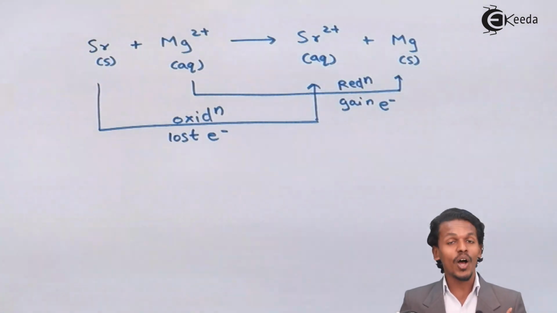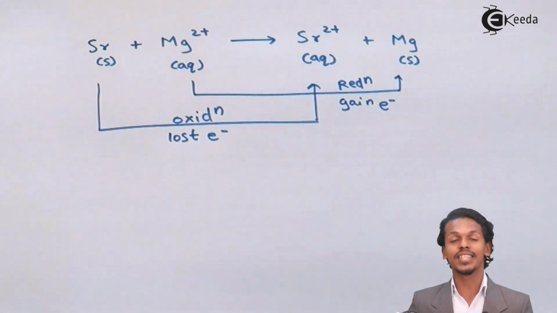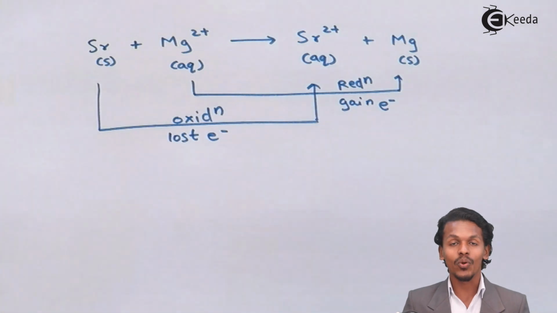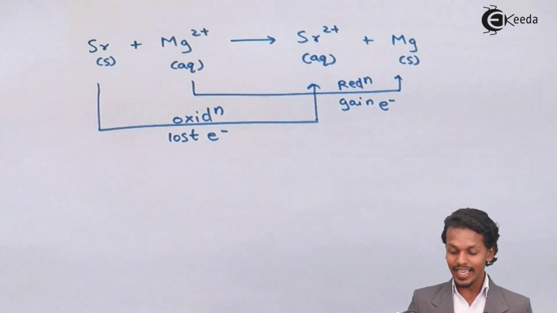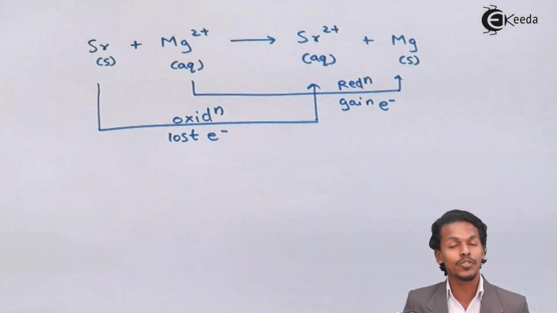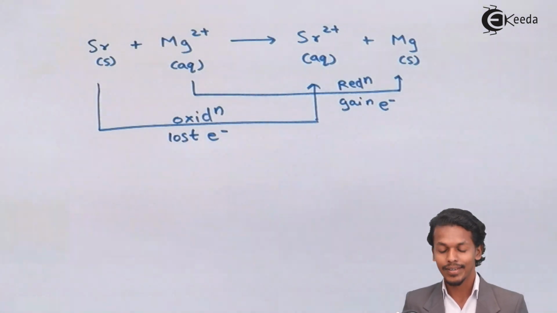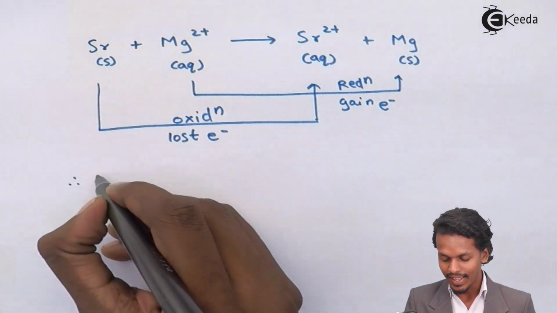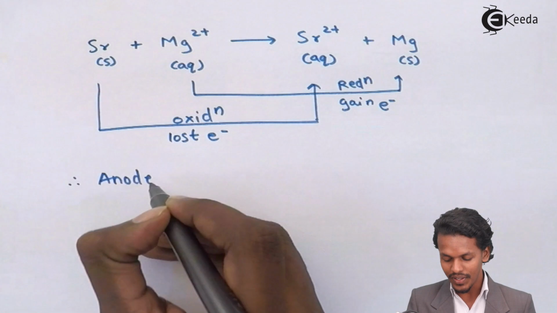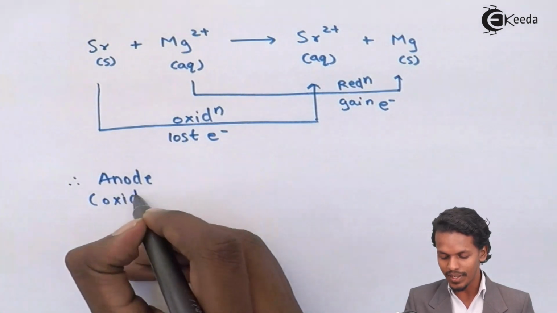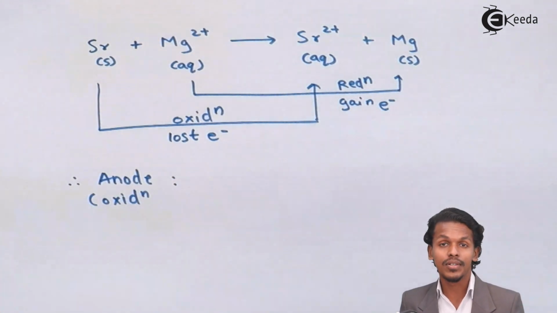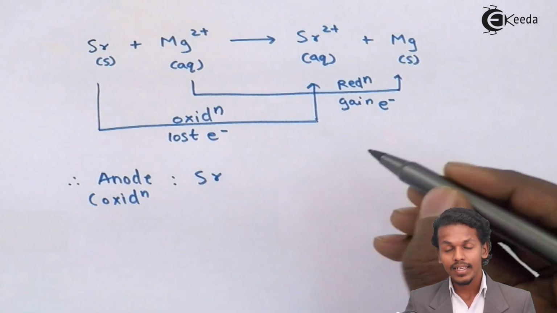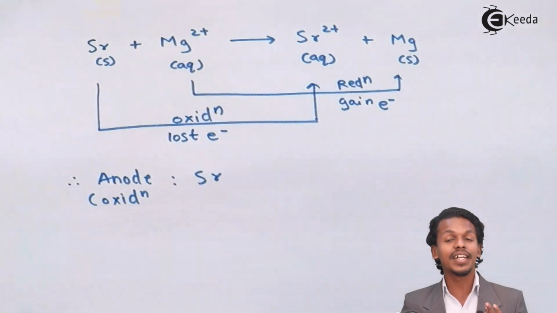So by the help of this, how can we predict which one is anode and which one is cathode? It's very easy to know that at the anode oxidation always occurs. In this case, which electrode is showing oxidation? Yes, strontium is showing oxidation. So the anode, on which oxidation always takes place, will be strontium, while magnesium is showing a reduction process.